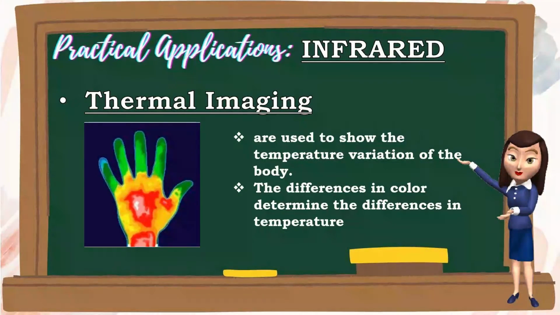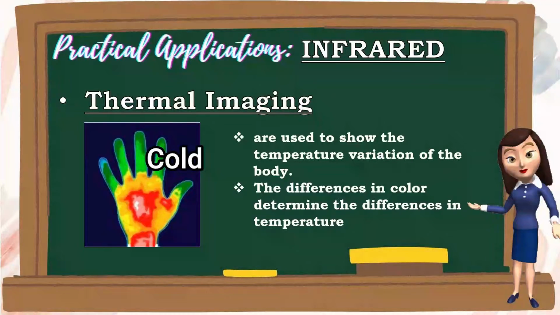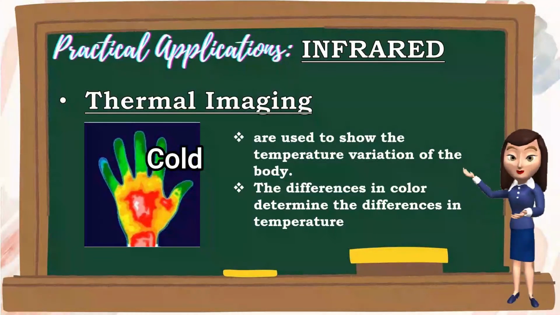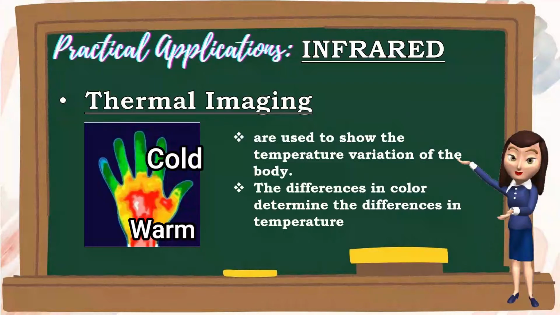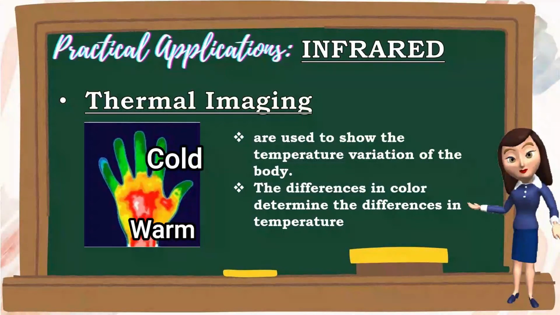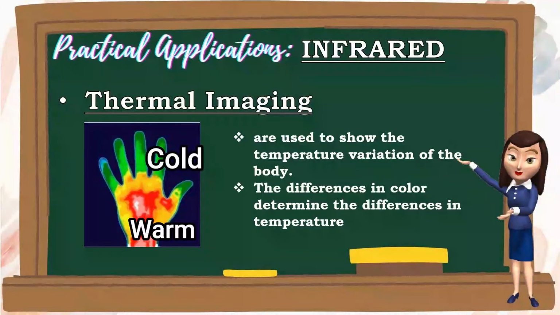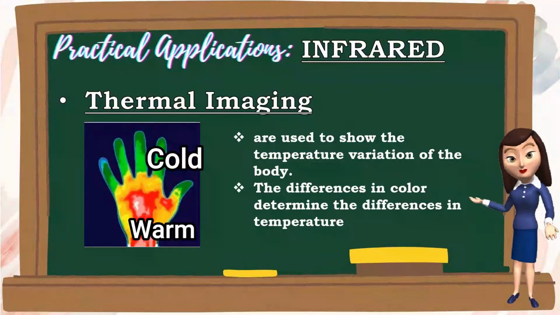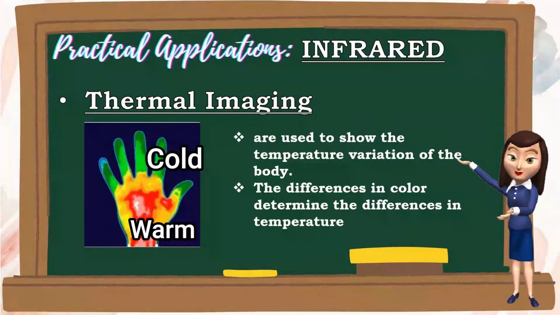For example, shades of blue and green indicate regions of colder temperature, and red and yellow indicate warmer temperature. That's what is commonly used, especially in this time of pandemic. Transport terminals are often using thermal scanners to determine if a passenger is in high temperature.